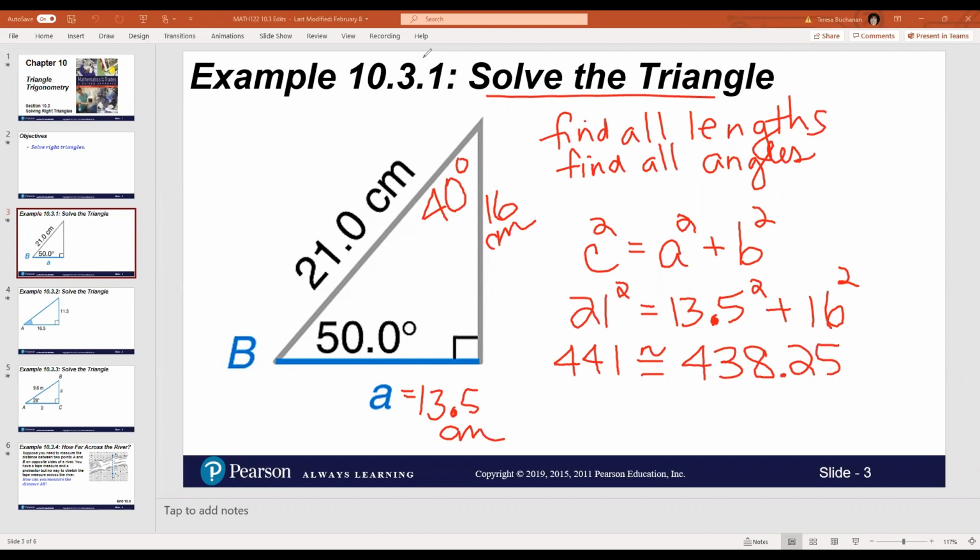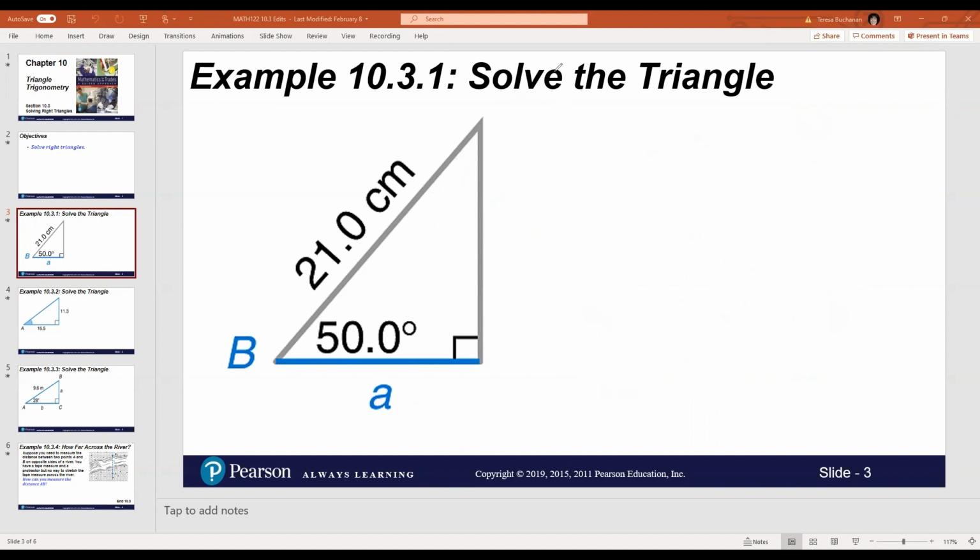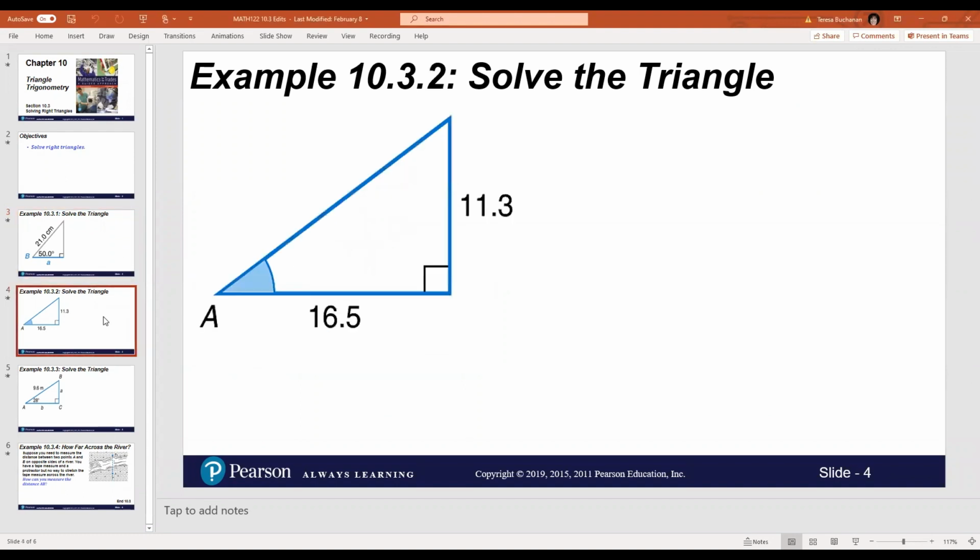And so we don't expect that this was going to come out precisely to 441, but 438 is pretty close. So we have reasonable approximations of those lengths. And again, depending on the circumstances and directions, you might have to round a little more precisely. We'll see. Just do whatever the problem asks you for. Solve the triangle. So here's another one.